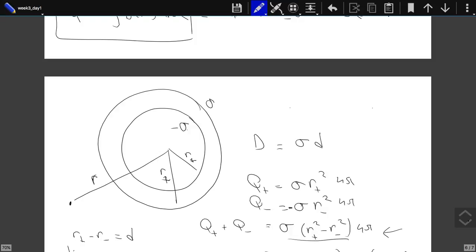We have two charge densities. How can we calculate the total dipole density?